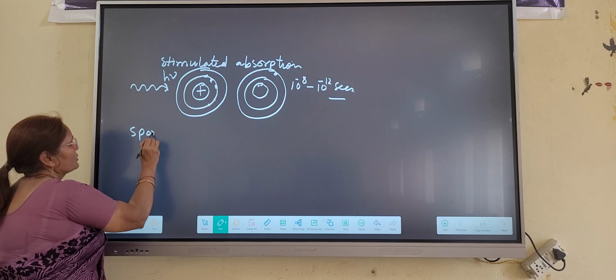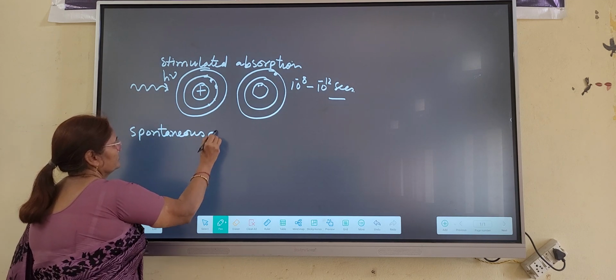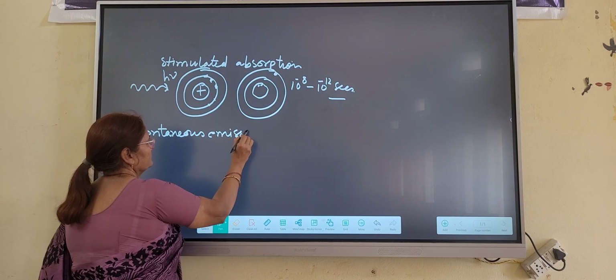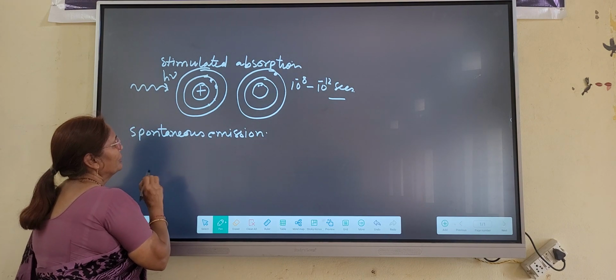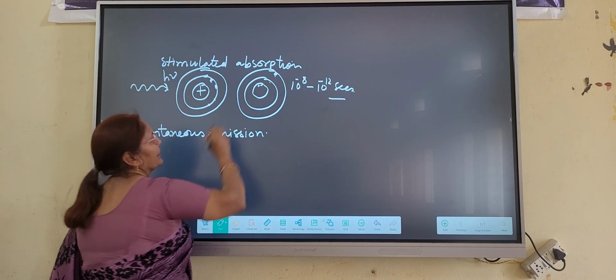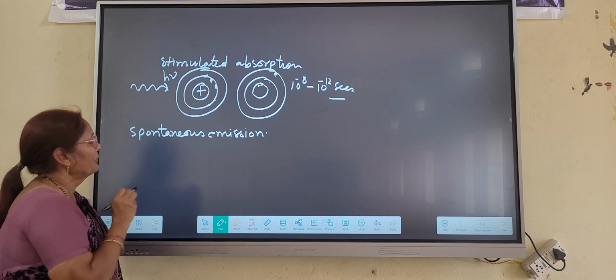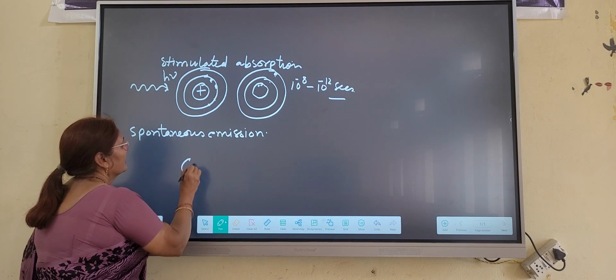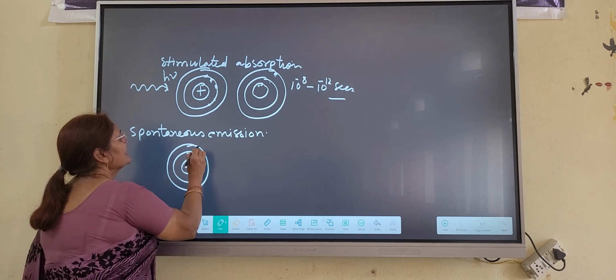There are two terms. One is spontaneous emission. Here what happens? This atom will itself come to the ground state by giving out the difference of energy in the form of radiation. This is the atom.